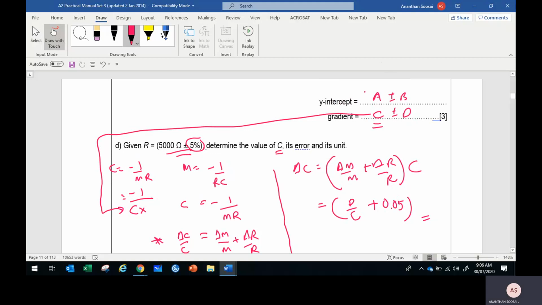Then your R is 5,000, the actual value. Put the actual value and find the actual capacitance. Whatever value you got, that C you have to use here.